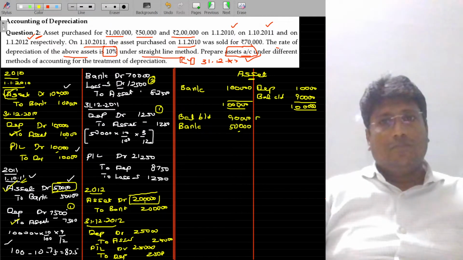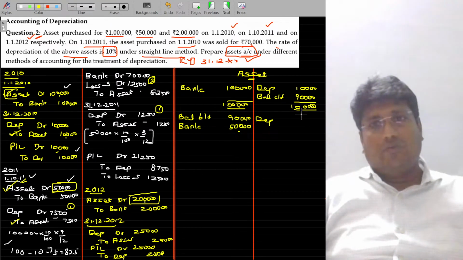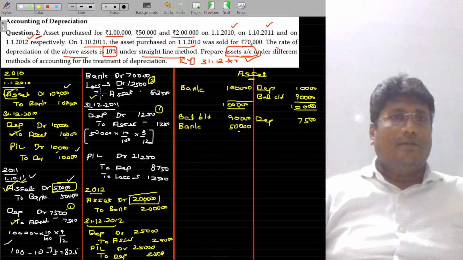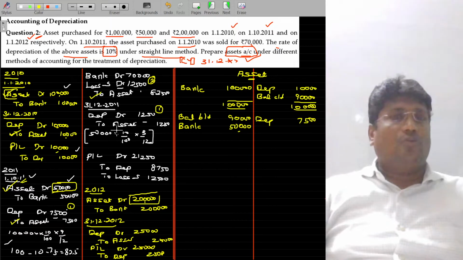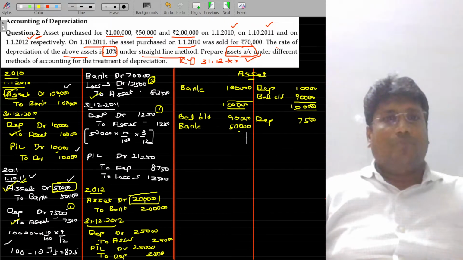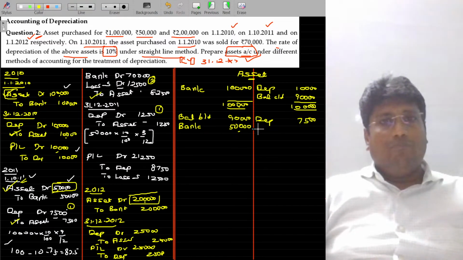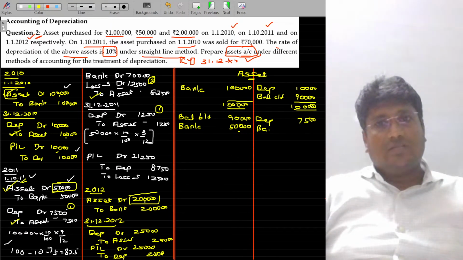So depreciation being 7,500. And the asset, 80,000 rupees, should be on the credit side. By bank and by loss on sale should now be posted here. Profit or loss, loss on sale.